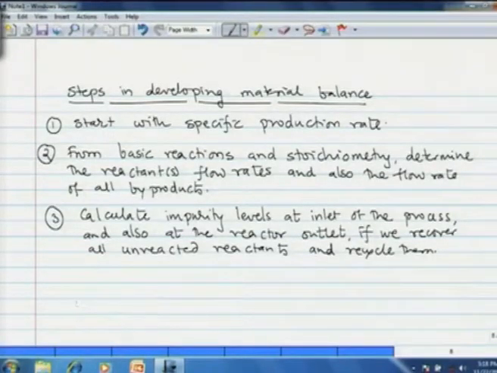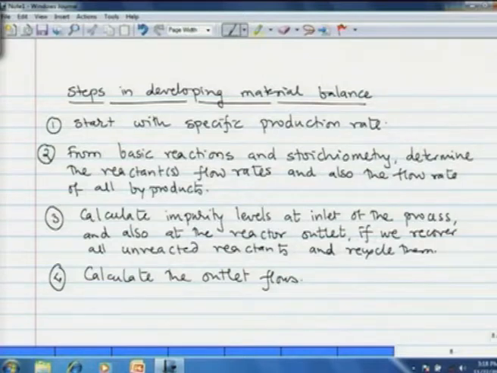Next is calculate the outlet flows of reactants in terms of the specified amount of excess.